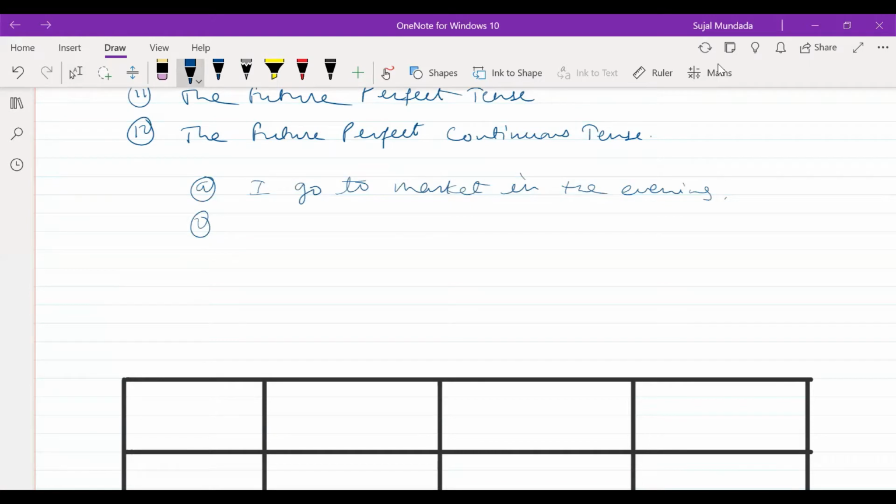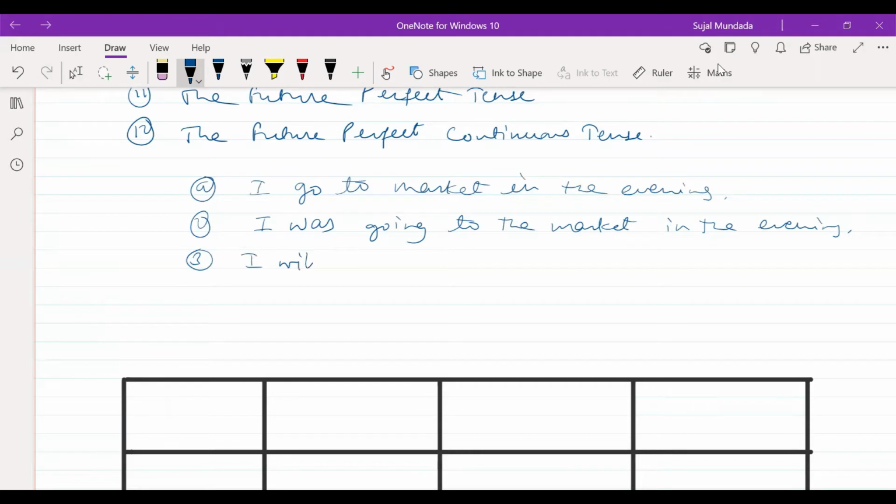Now, this example is in simple present tense. Now, suppose I convert this example into past continuous tense. Then, I was going to the market in the evening. Now, suppose the same example I convert into simple future.